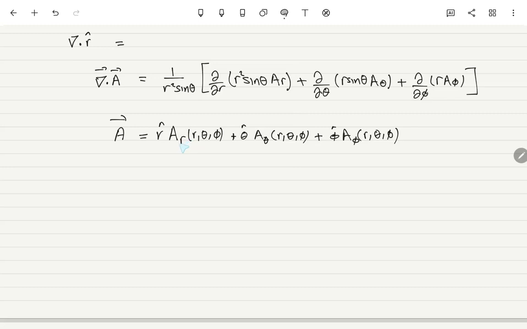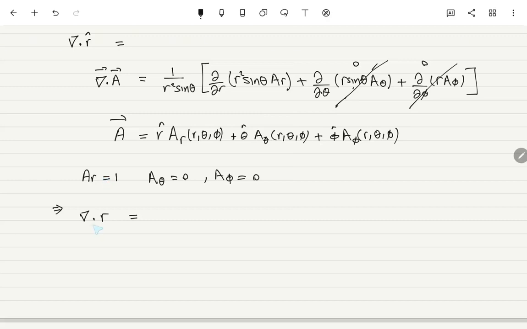We will see that A r is equal to 1. And since we are interested in r hat, with no theta hat or phi hat whatsoever, A theta and A phi are equal to 0. Therefore, in the definition of the divergence, the theta part and the phi part are equal to 0, and A r is equal to 1.